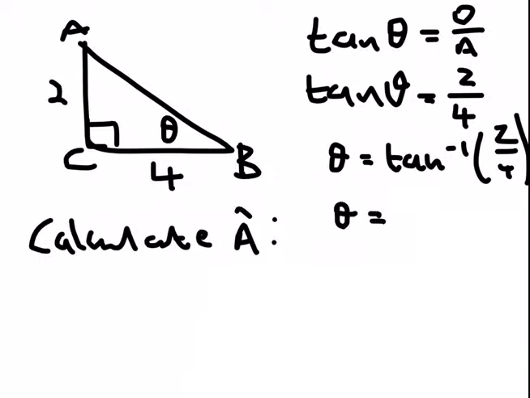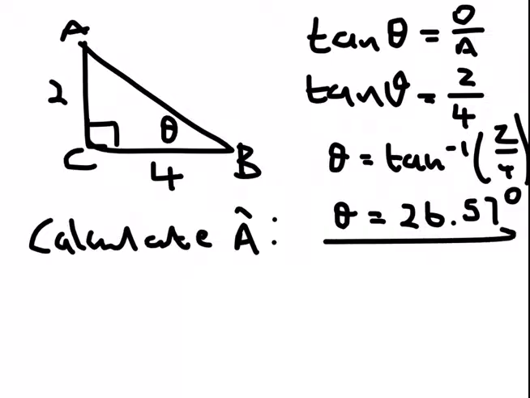Therefore, the angle will be shift tan 2 over 4. You close that, and it equals 26,57 degrees if I round it off to 2 decimal places. Okay, then it's fine. It means I know what that angle is.